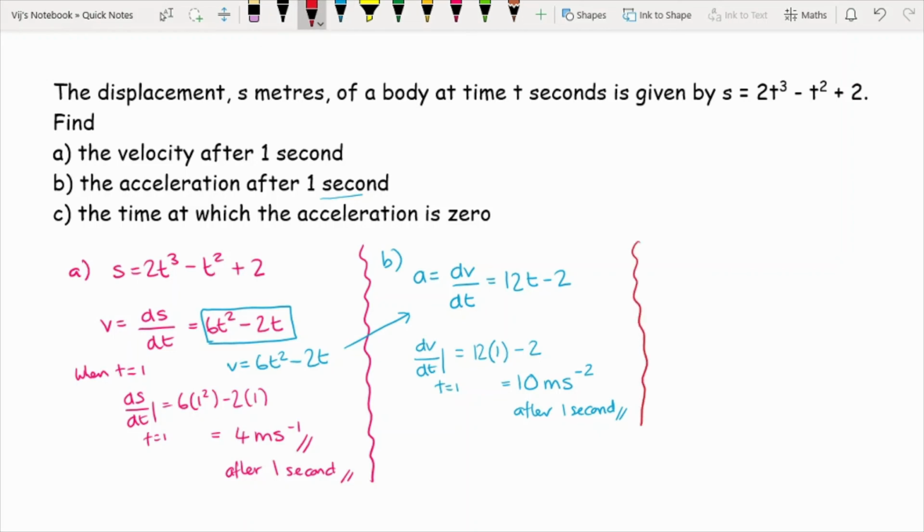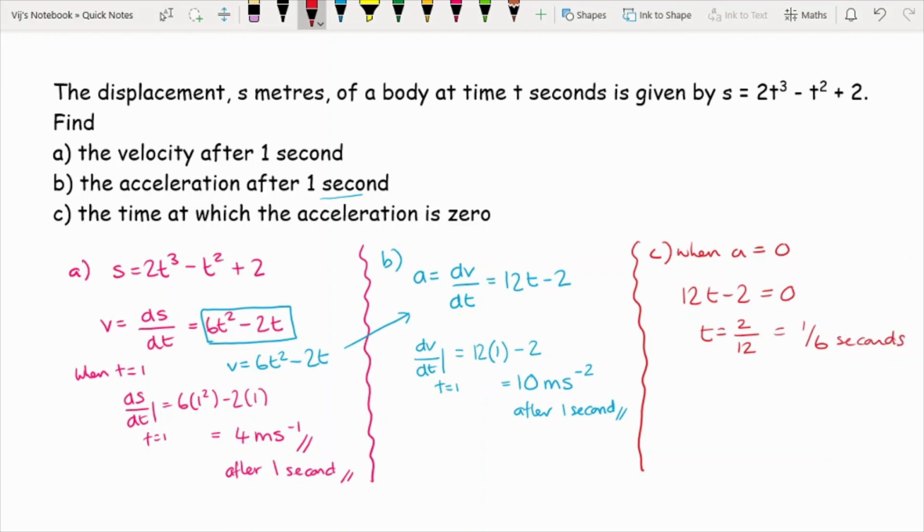For part C, it's saying work out the time at which the acceleration is equal to 0. So when a equals 0, I'm going to have 12t minus 2 equals 0, and if I solve this, we've got t equals 2 over 12, which simplifies to a sixth, and that's in seconds.